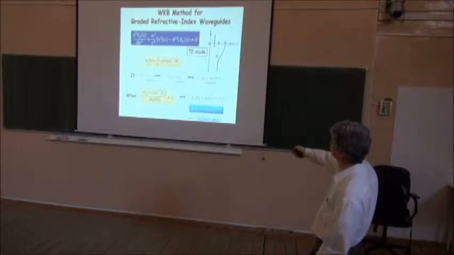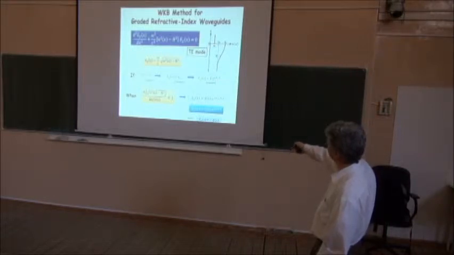The extension that we're going to do here is that what was constant becomes dependent on x. This was constant, now it's dependent on x. And I'm going to group these two pieces here into something I call phi.